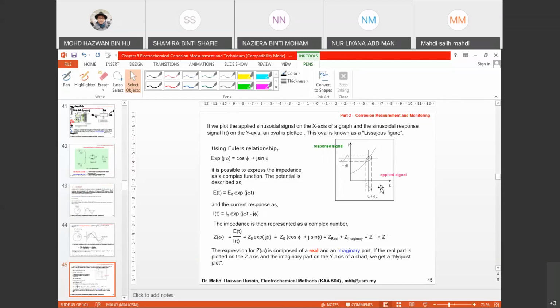This is the current to potential response, known as a Lissajous figure. It gives you information, as I said earlier, on the imaginary part, with a cos theta response, and the real part, with a sine theta response or waveform pattern.